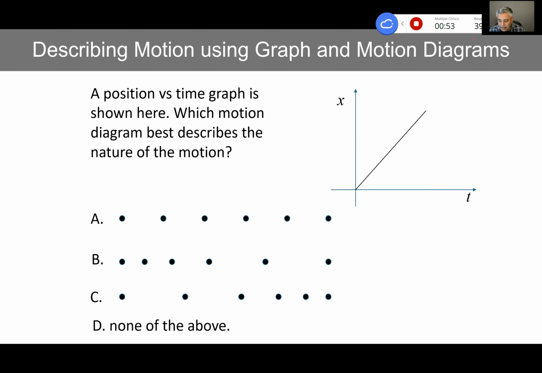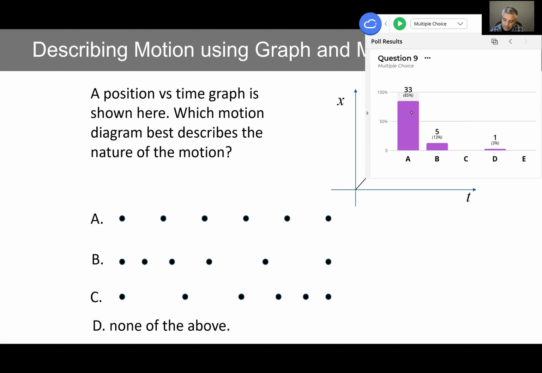And 5 more seconds. 5, 4, 3, 2, 1, and it stops. Okay, let's see what we got here. So mostly A, and that is the correct answer.